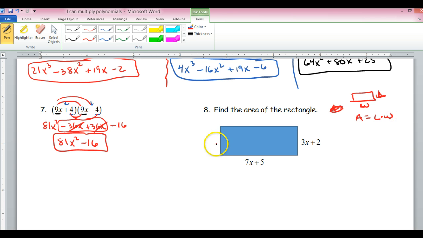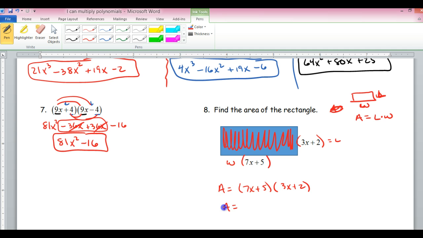So if I'm looking for the area, the amount of space that this rectangle takes up, if I look at the side lengths, this being the width and this being the length, you multiply those together. So the area would be 7x plus 5 times 3x plus 2. And this ends up just being a foiling problem.